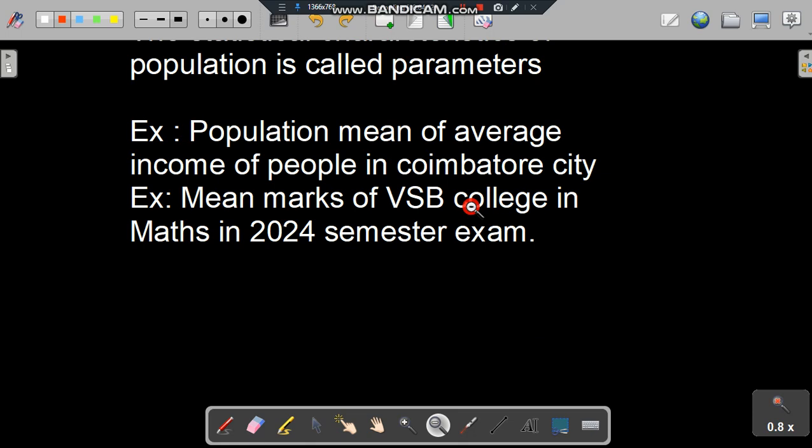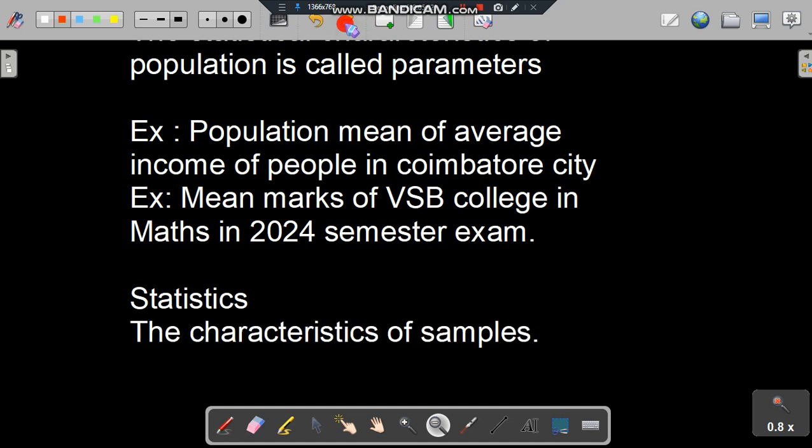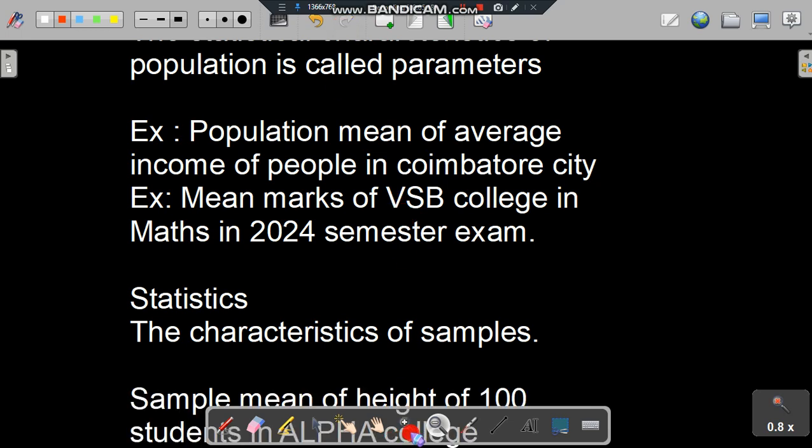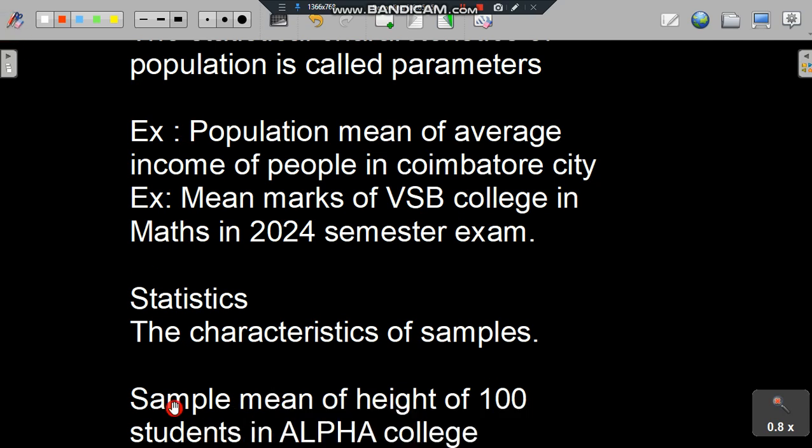Okay, now look at statistics. What is a statistic? A statistic is nothing but a characteristic of a sample. Characteristics of samples are called statistics. Take for example, I have taken a sample: the mean height of 100 students in Alfka College.